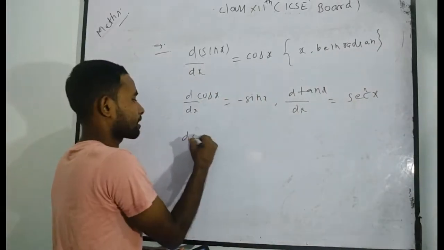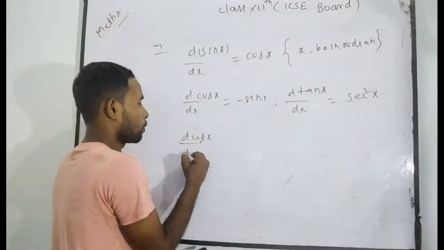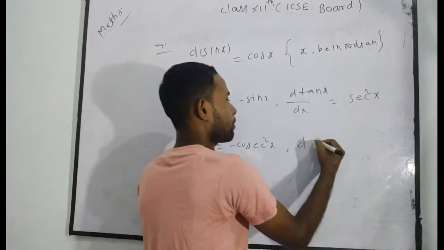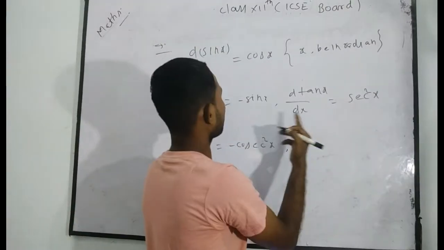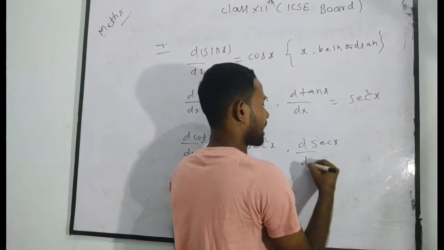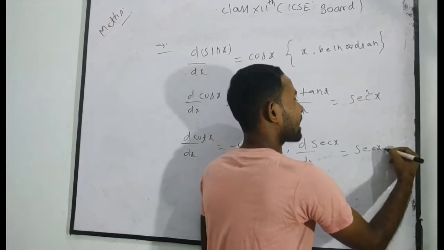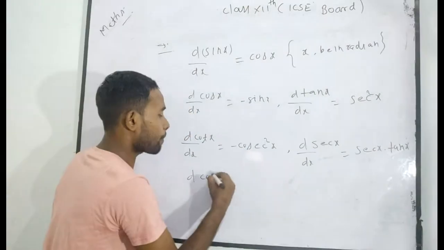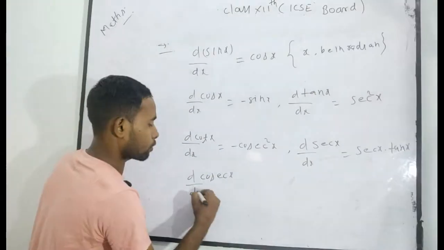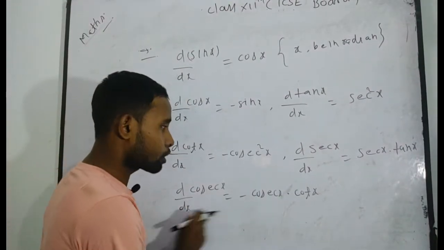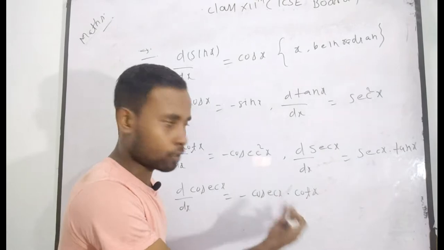The derivative of cot x with respect to x is equal to minus cosec square x. The derivative of sec x with respect to x is equal to sec x into tan x. And finally, the derivative of cosec x with respect to x is equal to minus cosec x into cot x.